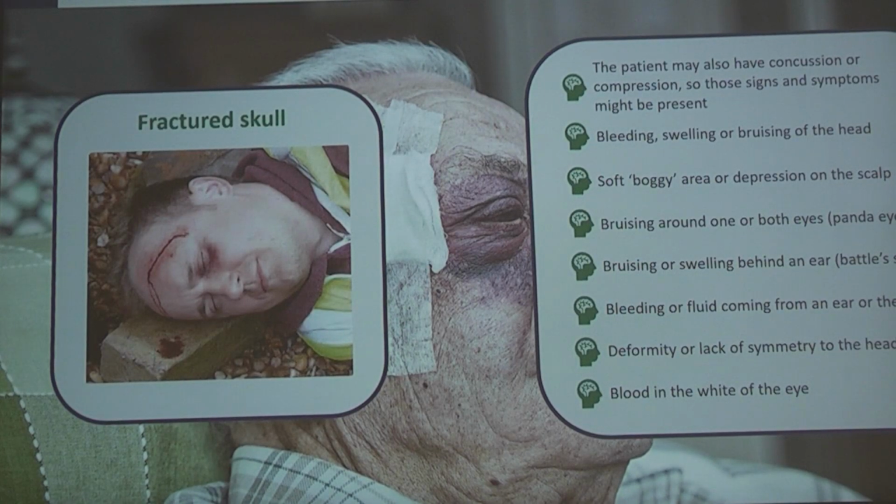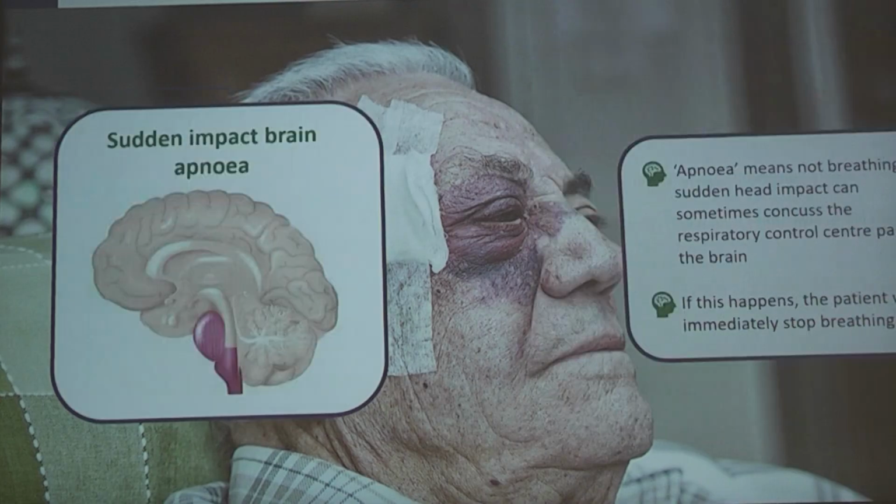Now, sometimes these injuries can shake the brain stem, which is the bit of the brain that comes out through the base of the skull, through the foramen magnum, into the spinal cord, and that's the bit that controls all our automatic functions. It controls breathing, blood pressure and heart rate.